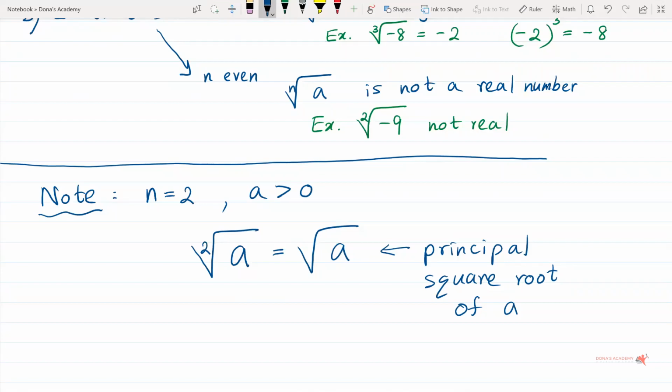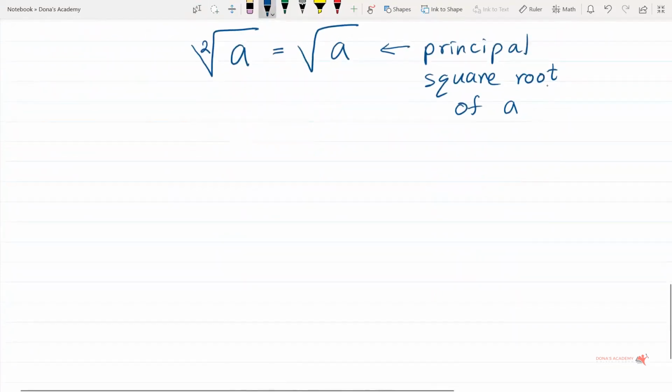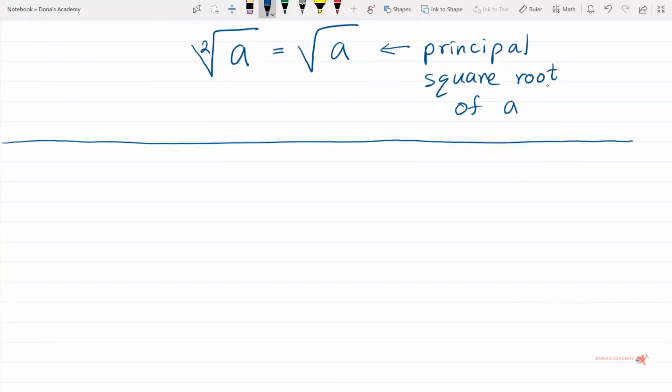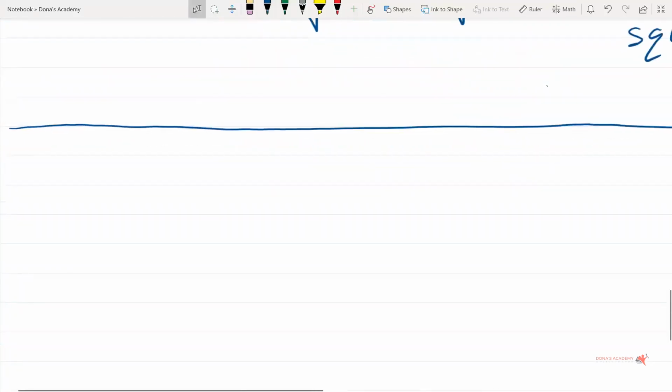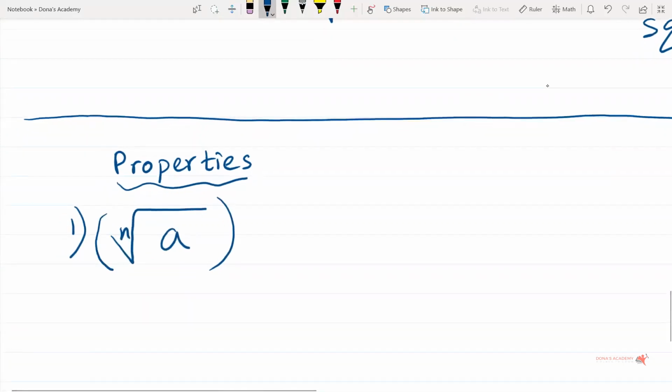Next, we will talk about a couple of properties of radicals. First one is if you take the nth root of a to the power n, then this is always a, right?